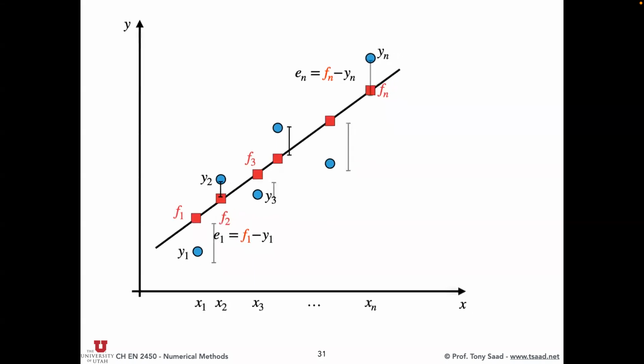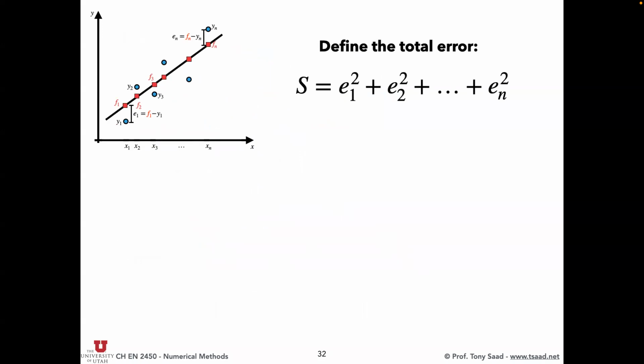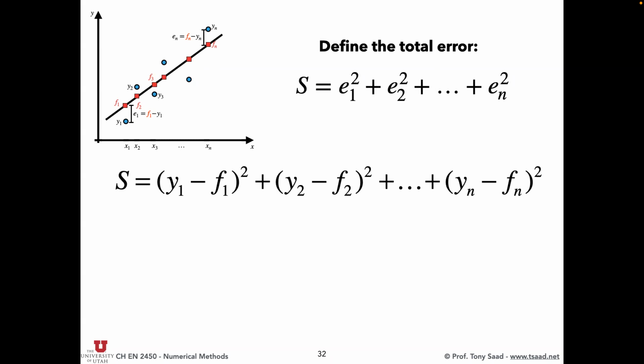So you have n values for the aggregate error, E1 squared plus E2 squared plus E3 squared, all the way to En squared, correct? Just exactly like we did before, except now you have n terms. Okay, now this is actually going to be easier than the previous example because we're just going to use summations.